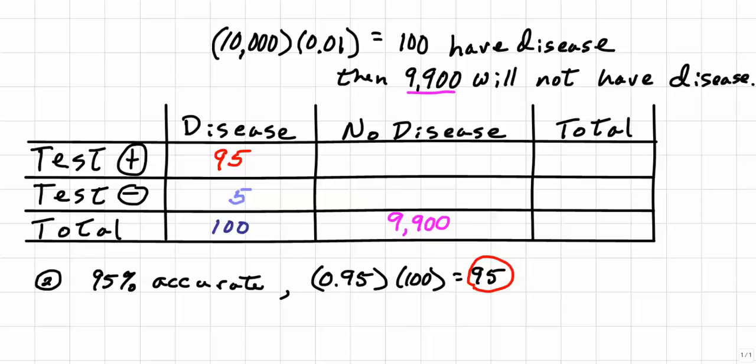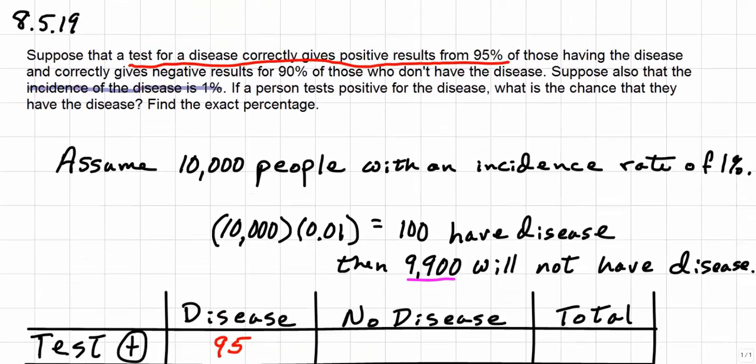And as we go back up to the original problem, the rate is set up as correctly gives negative results for 90% of those who don't have the disease.